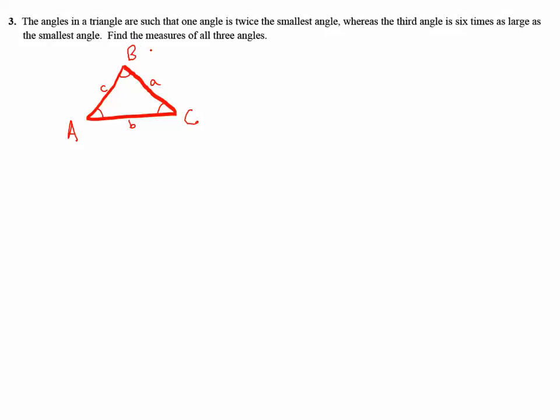Everything is being compared to the smallest angle, right? So let's do this here. x equals smallest angle. Any other comparisons here? One angle is twice the smallest angle.